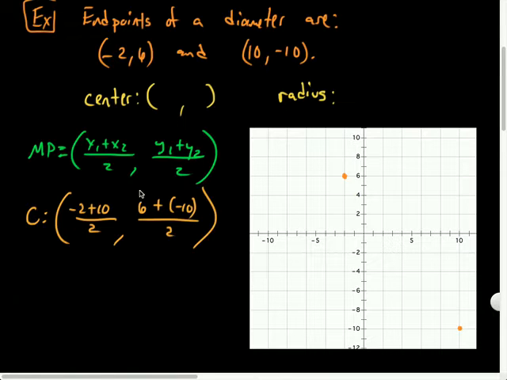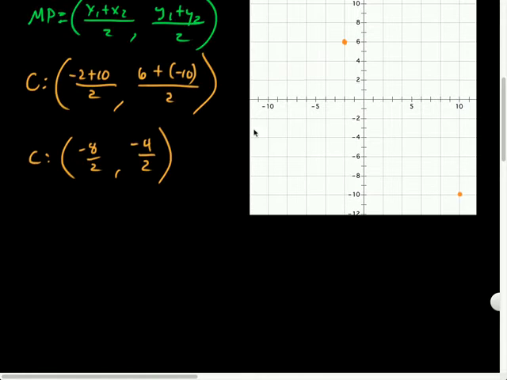So the average of the x's, the average of the y's. So I will get 8 over 2 and -4 over 2. All right. And I shall have 4, -2.